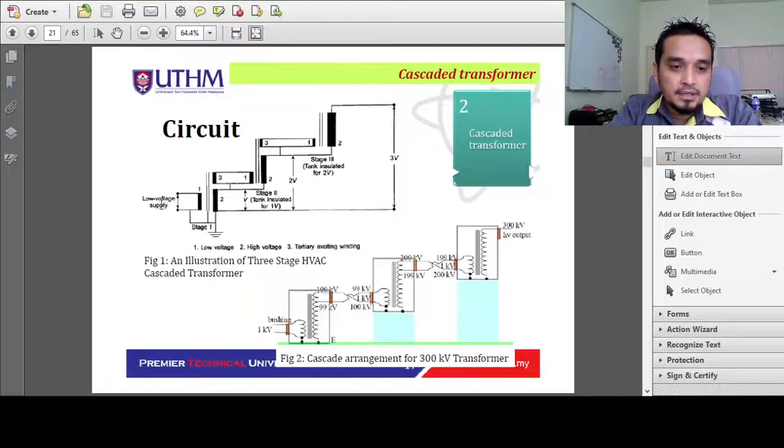If you look carefully, the low voltage supply is connected here, and the secondary winding of each straight transformer is connected to the ground.